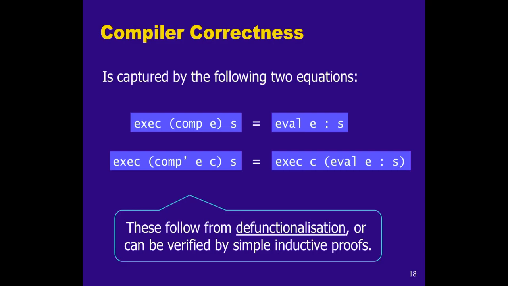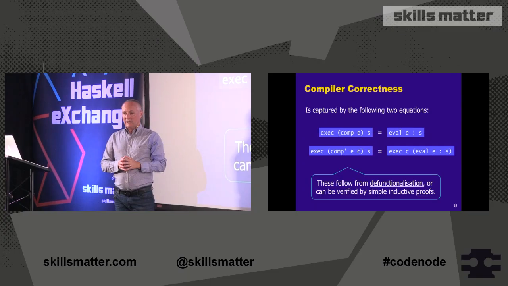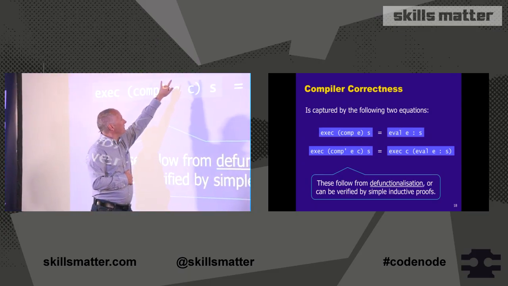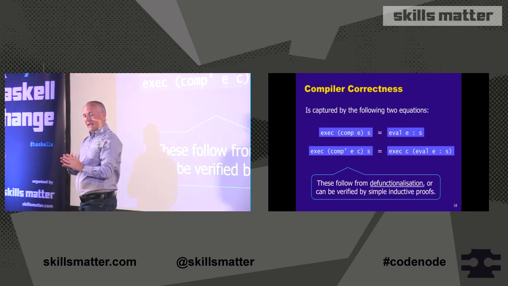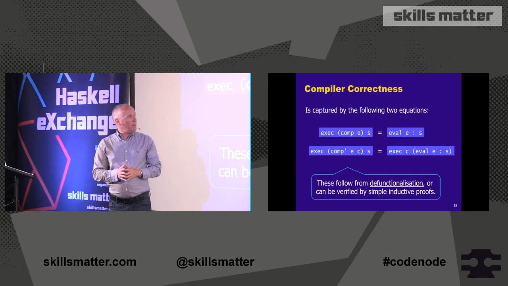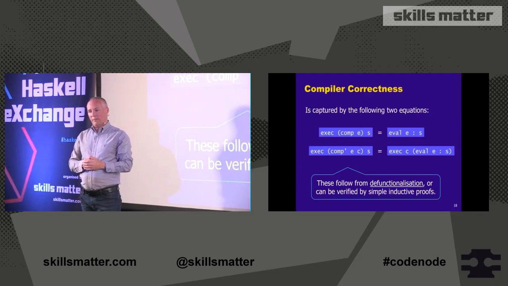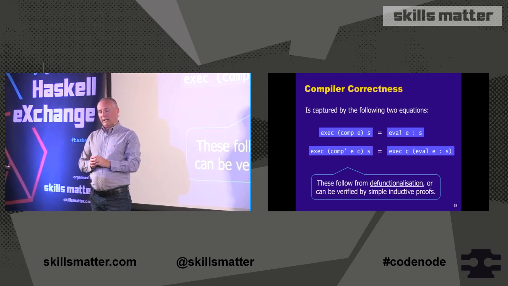So let's look at the first equation. So this is relating our compiler, our execution function, and our evaluation function. And it simply says, if you give me an expression E, and you compile it to a piece of code, and then you execute that piece of code using any old stack, what you will get back is that stack with the value of the expression sitting on the top.